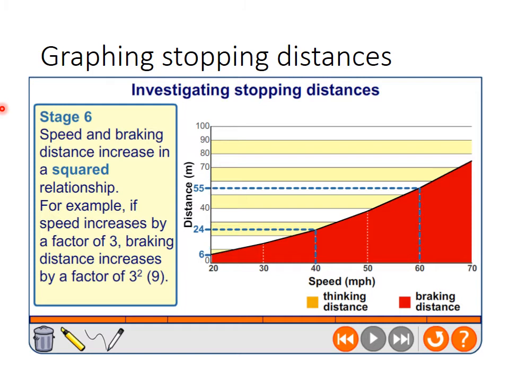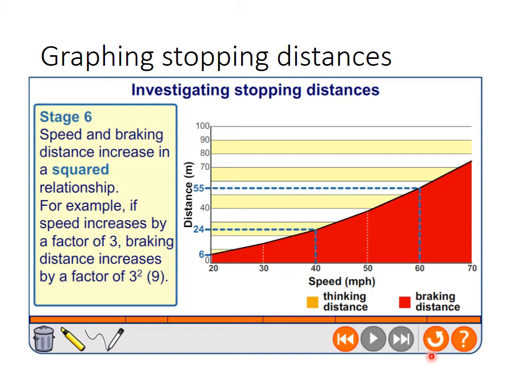And so the next thing that we could think about is, let's look at what happens when we double the speed, so 20 to 40. We can see that the distance also doubles, so thinking distance doubles over that time. And the same when we go from 30 to 60, there is a clear doubling in the relationship.